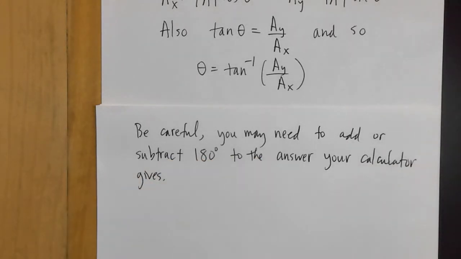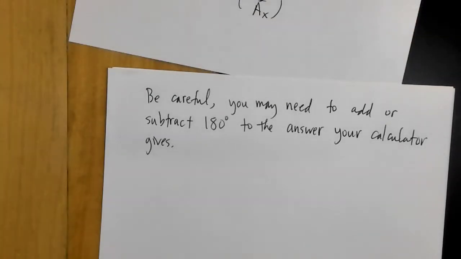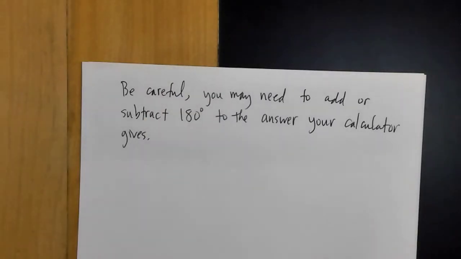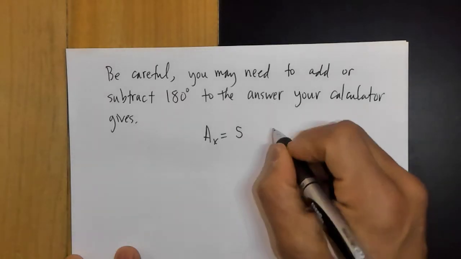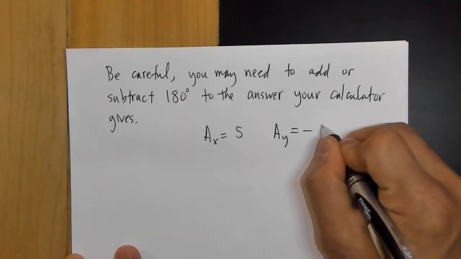Okay? And then the question I may have is, how do you know what to do? How do you know maybe the calculator gives the right answer, maybe it does not? So let me give you a very simple example. Suppose I have ax is equal to 5 and ay is equal to minus 5.